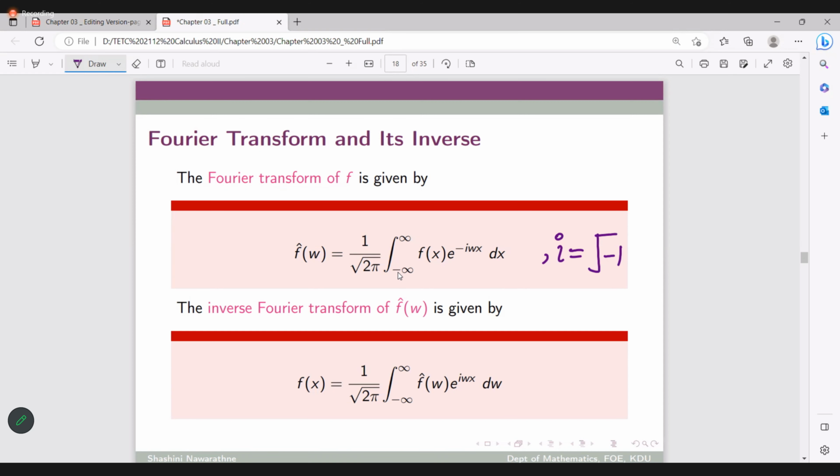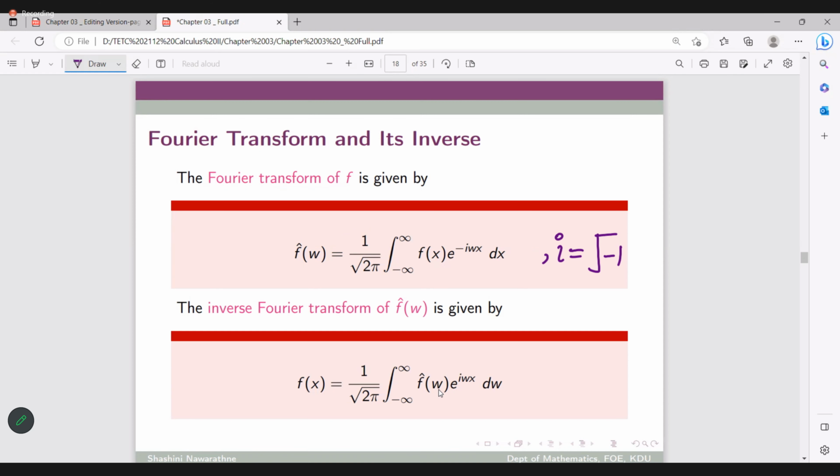Then we need to use integration by parts to obtain the answer, because it is given as a product of two functions. By integrating and multiplying the result by 1 over square root of 2 pi, we obtain this f hat w. Obtaining f hat w starting from f, we call that process the Fourier transform, and we call f hat w the Fourier transform of the function f of x.